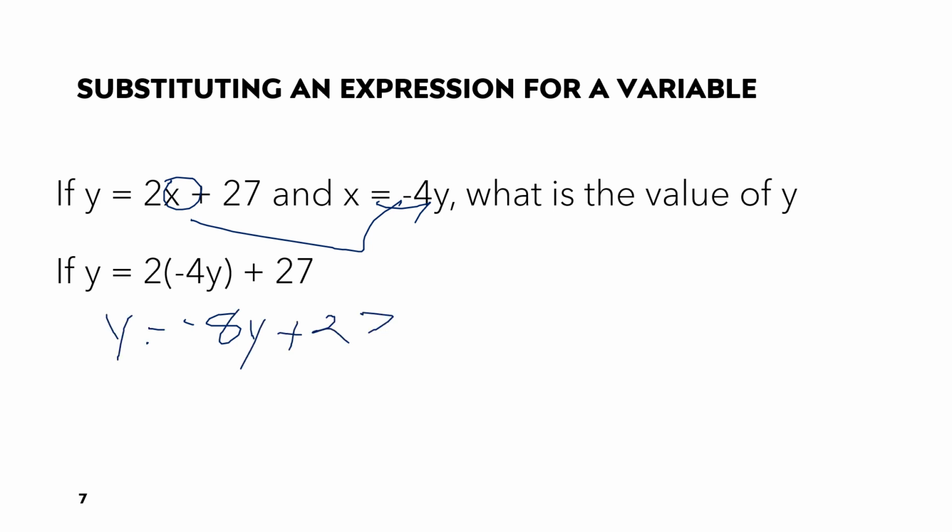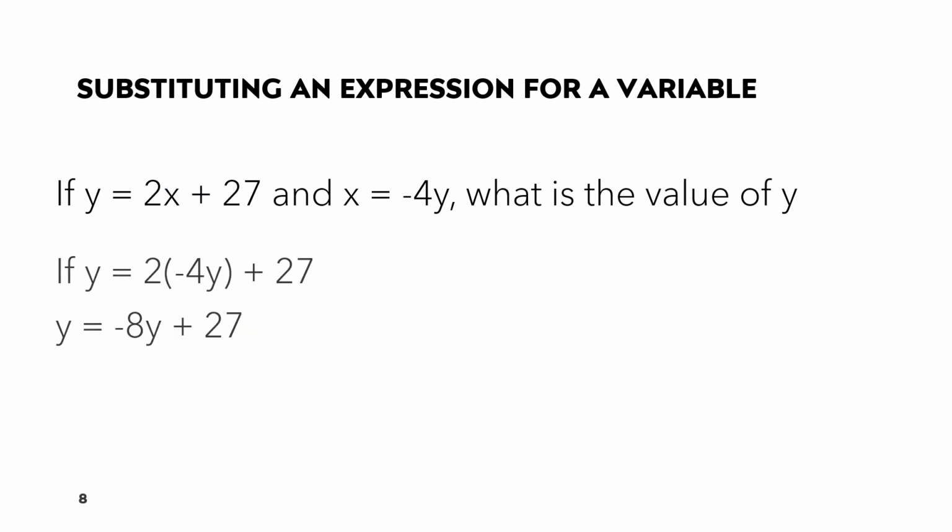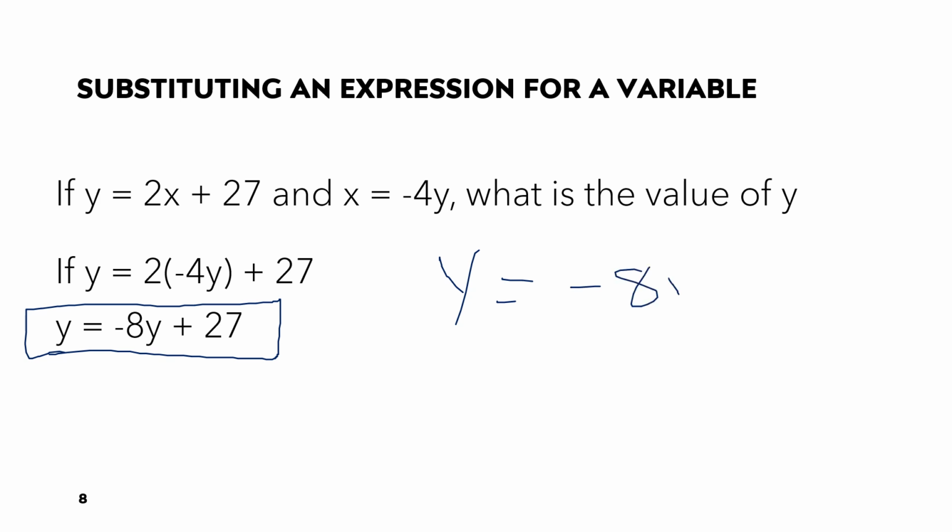So now we have y is equal to negative 8 times y plus 27, which we see here in a little bit cleaner format. So when you're given an equation, forget about everything we've done and just think about this as a whole new problem. We're starting over with an equation, y minus 8y is equal to 27.